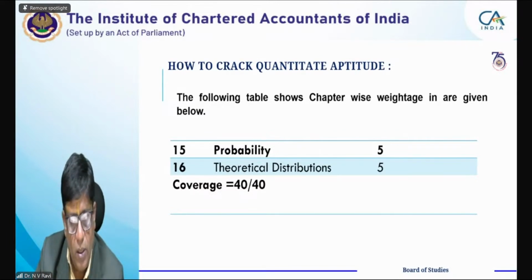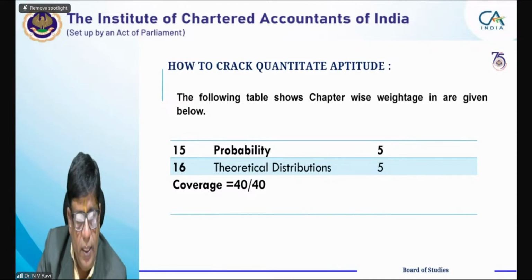Keeping all these formulas in mind, the addition theorem, probability and conditional probabilities, and all these aspects are helpful. The probability and expected value of the probabilities are also part of it, and those values are very important.